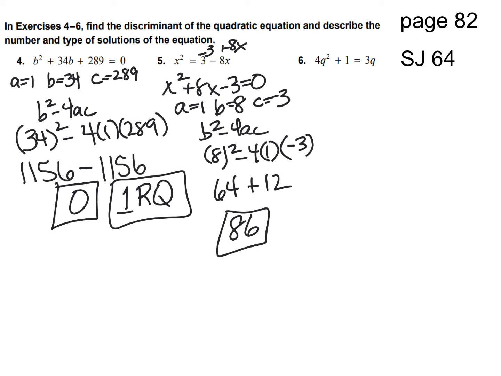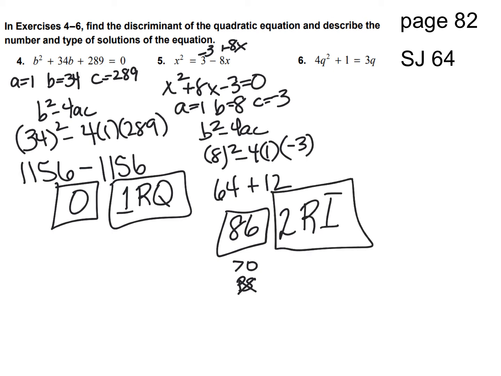It is greater than 0, not a perfect square, so that means I'm going to have 2 real irrational roots, which means I will have a radical in my answer, but it will not contain an i. And same thing for number 4, I will not have an i when that happens.